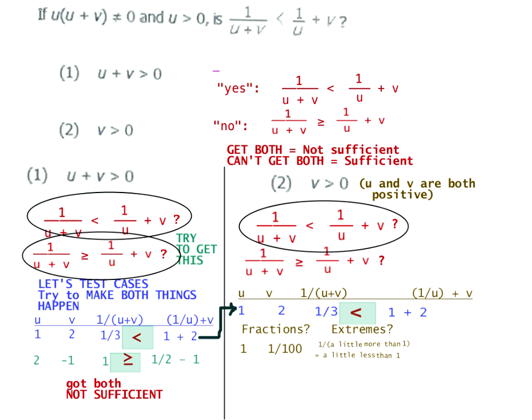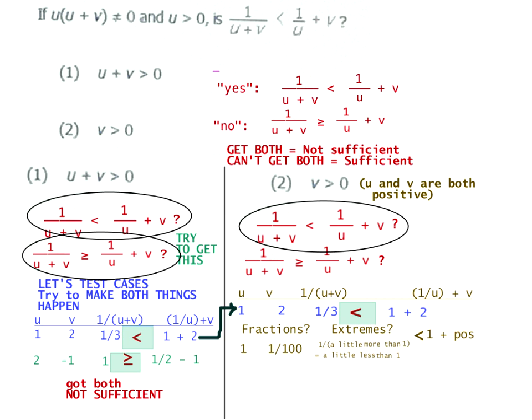So it's going to be bigger. It's 1 plus positive. So this is still less than. Okay, that didn't work. Let's try extreme numbers, like big, huge, small things.